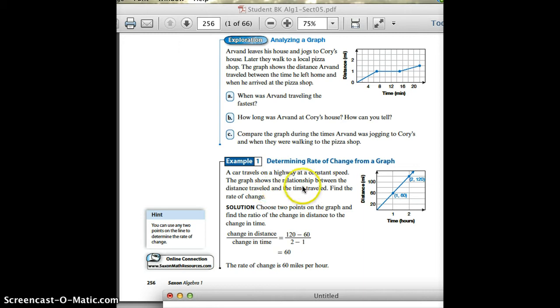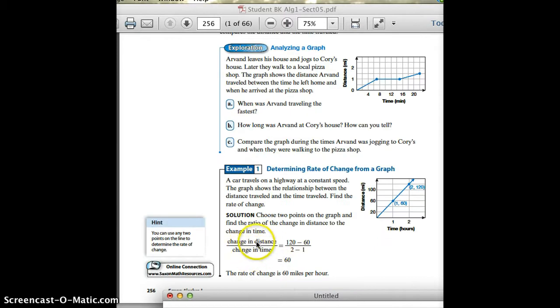The graph shows the relationship between the distance traveled and the time traveled. To find the rate of change, or slope, you need 2 points, and it's the change of distance over the change of time. Each point has 2 coordinates.